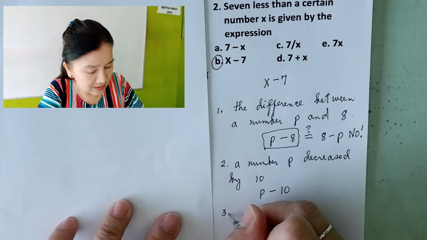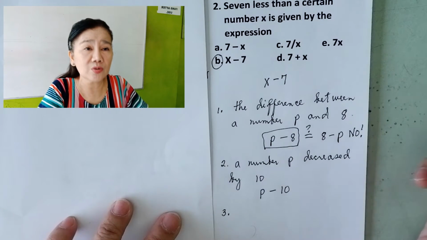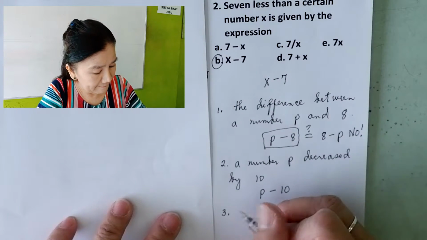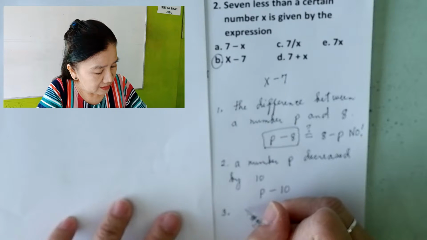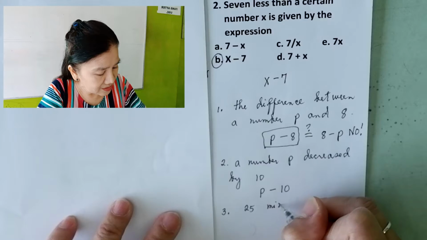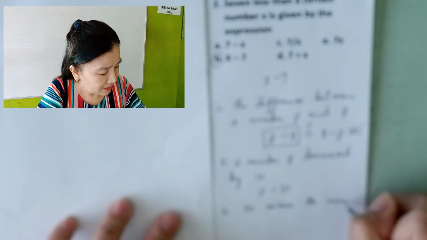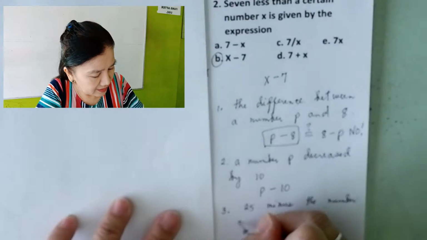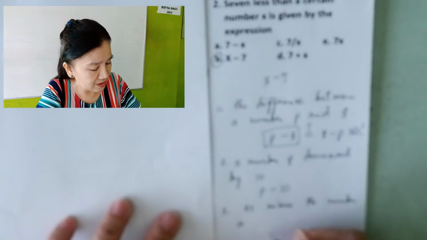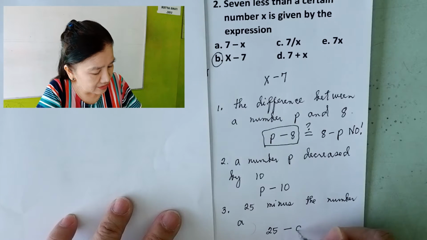What else? Okay, the usual minus. Let us say 25 minus the number a. So we have here 25 minus the number a.